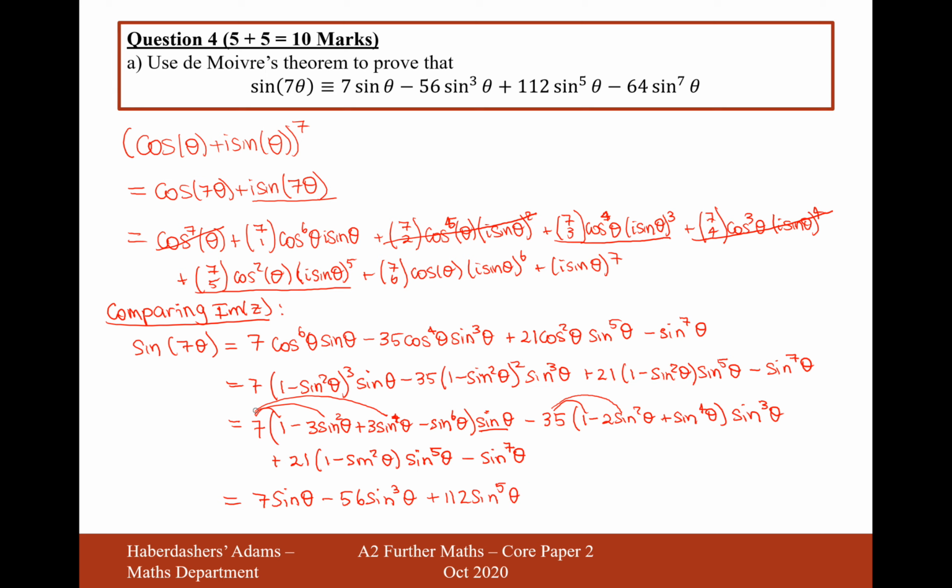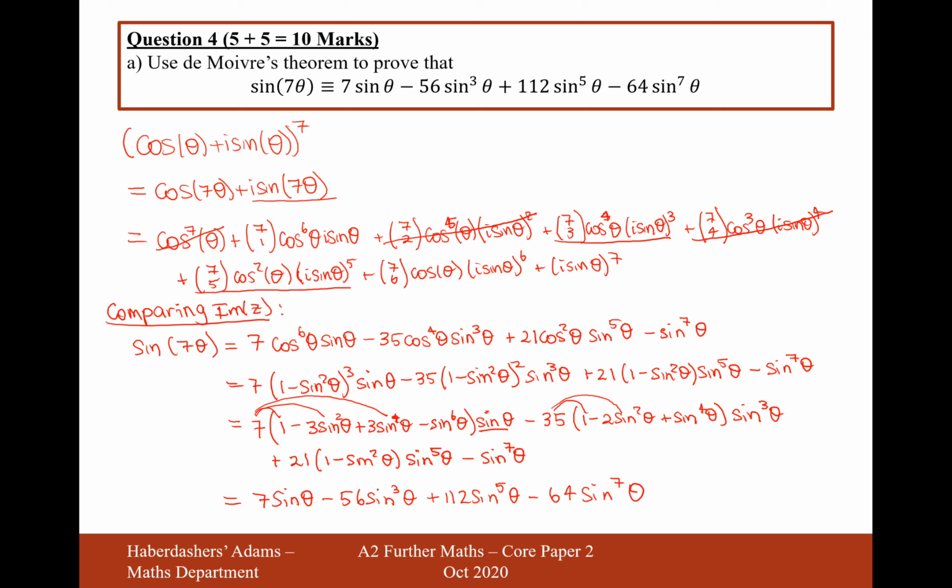And then the last bit is going to be minus 7 sine to the 7 plus, so minus 35 and minus 21 and minus another 1, so that would be minus 64 sine to the power of 7.